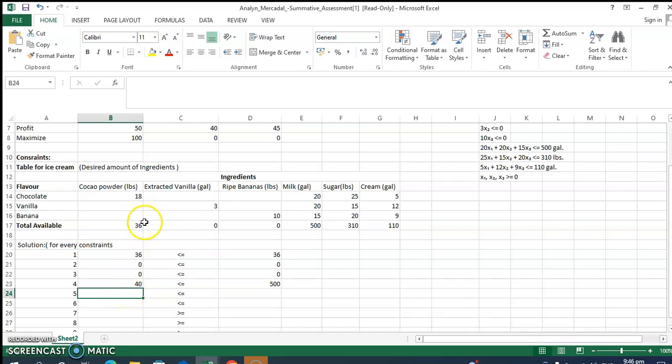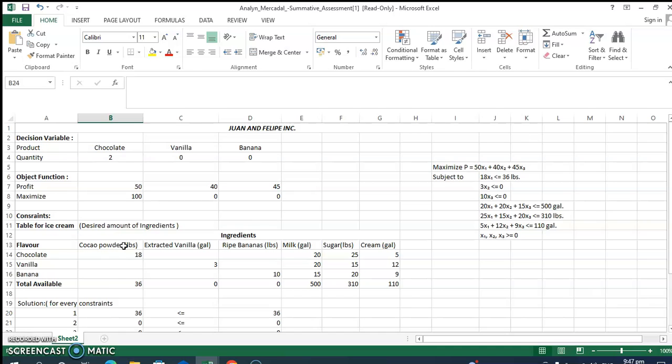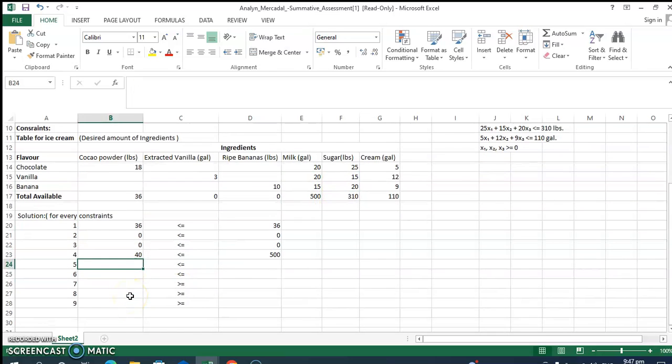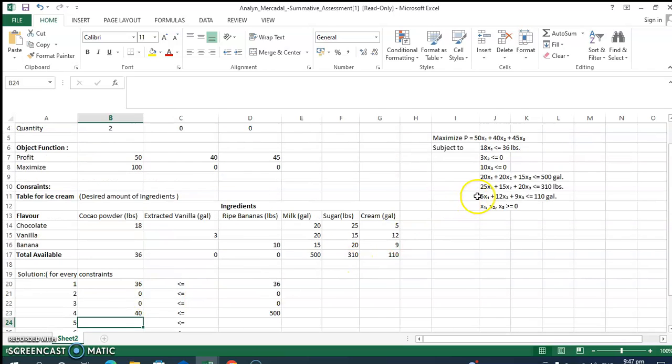So for example, given the needed ingredients, we multiply by the variable, and only chocolate should be multiplied. So our quantity is for only chocolate. So for sugar, 25.